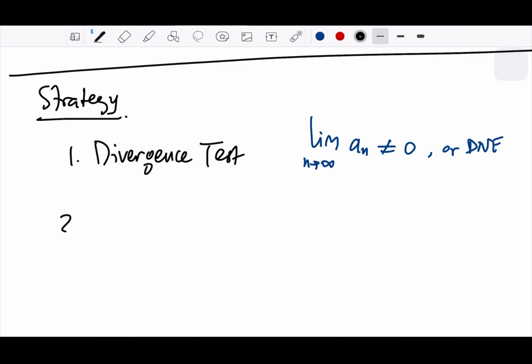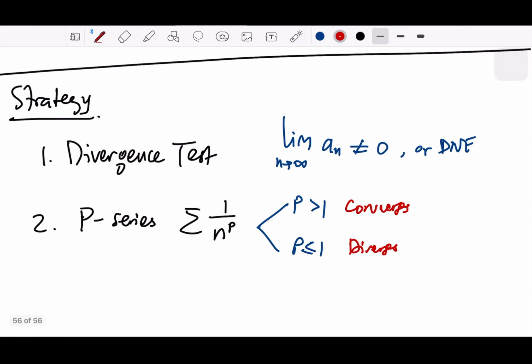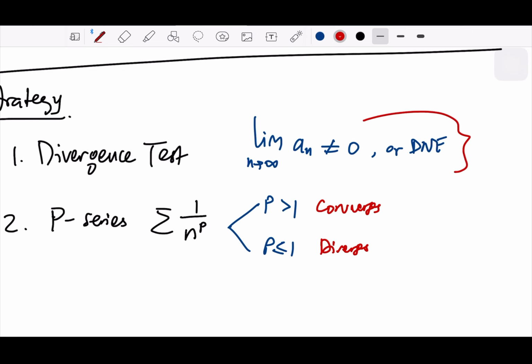The second, if you can see any p-series, this converges, this diverges, this diverges.